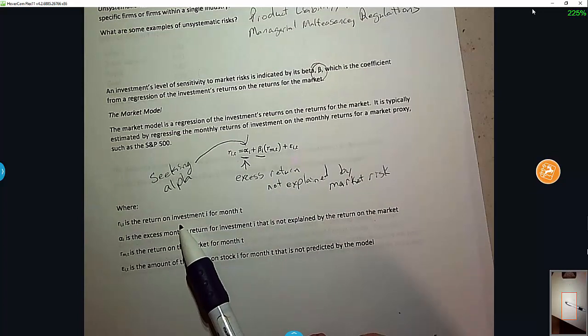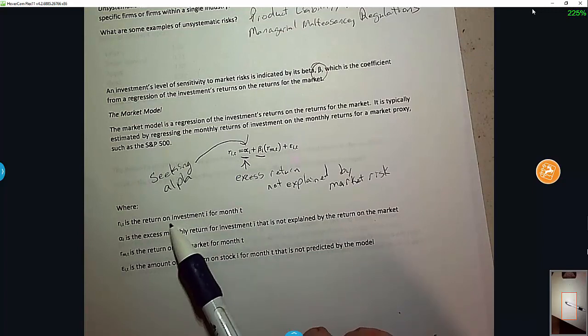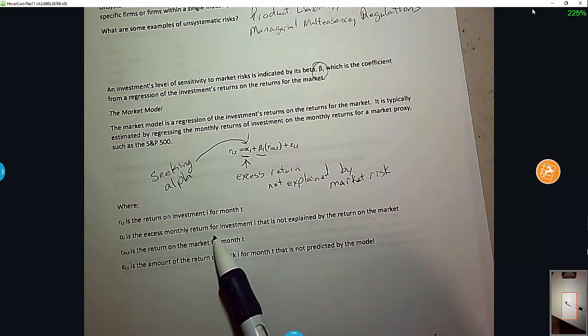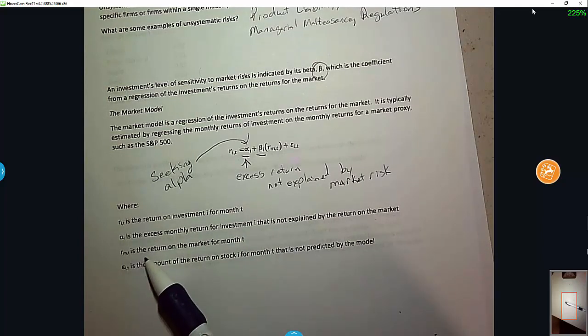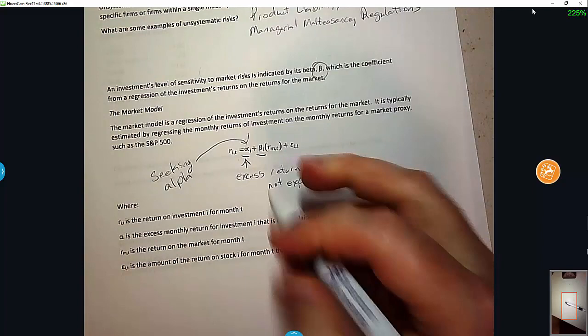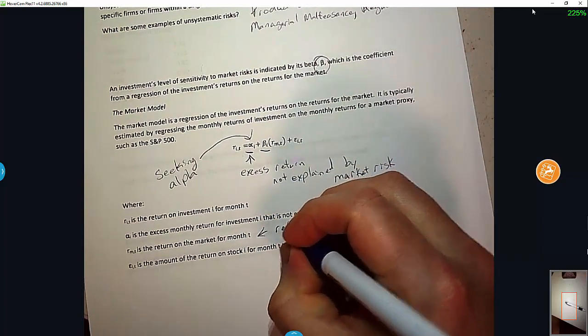So R sub I,T is the return on the investment for month T. Alpha is the excess monthly return for the investment that is not explained by the market. R sub M,T is the return on the market for month T, and we usually use for this, or I use, and I see most people do this, the return on the S&P 500.